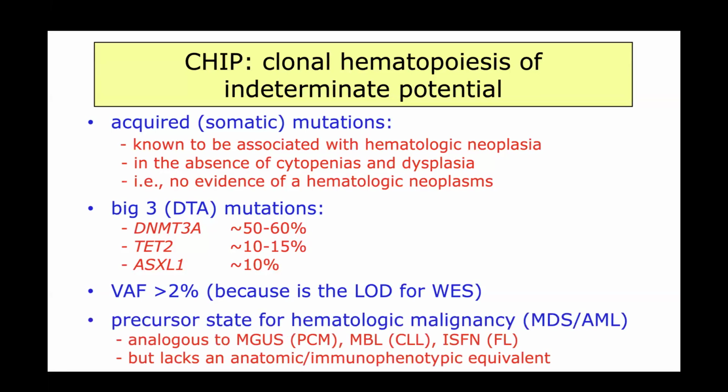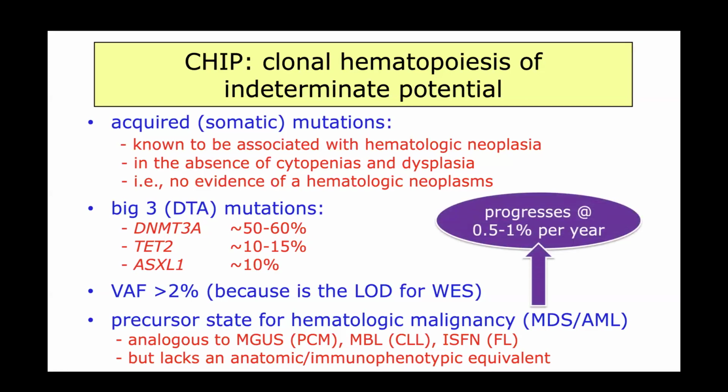It's known to be a precursor state for hematologic malignancies, such as MDS and AML in particular, and is somewhat analogous to MGUS as it is to plasma cell myeloma or multiple myeloma, MBL as to CLL, or in situ follicular neoplasia as it is to follicular lymphoma, although CHIP lacks the anatomic or immunophenotypic equivalents which are present in the other examples provided.